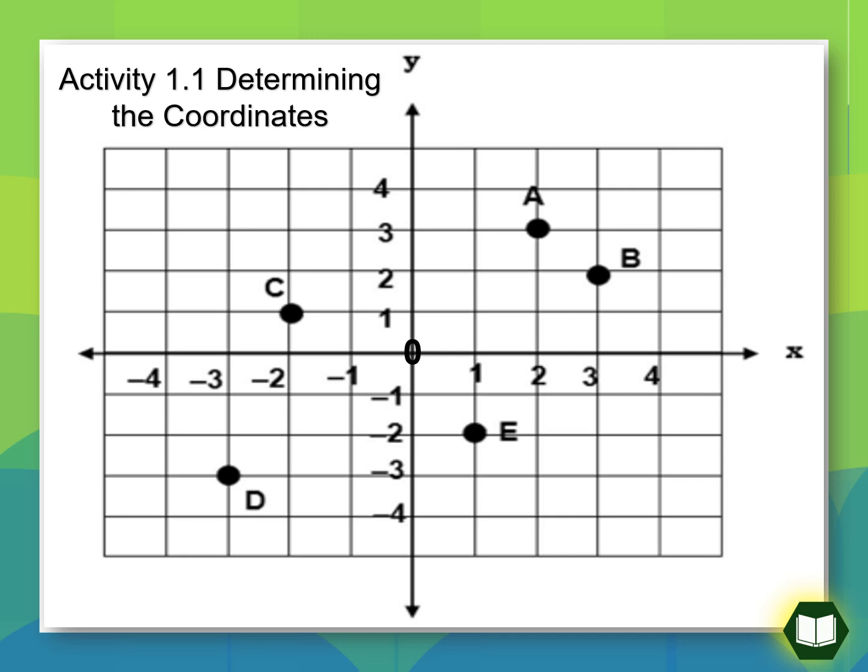After determining the coordinates of each point, find the abscissa and the ordinate. Point A has (2, 3) as its coordinates. How about point B and the other points on the coordinate plane?